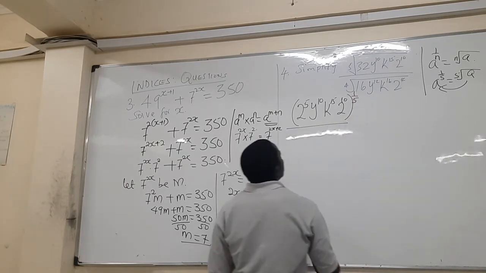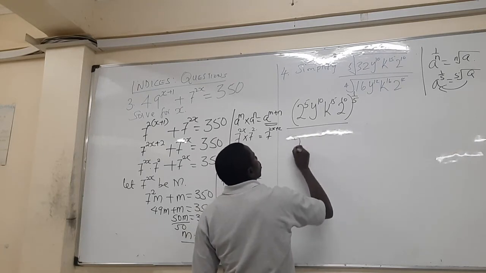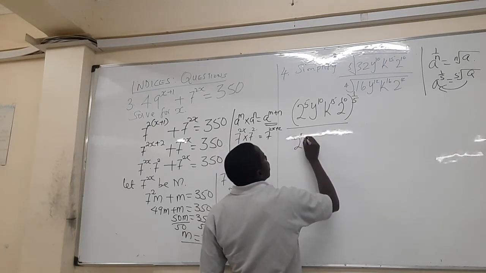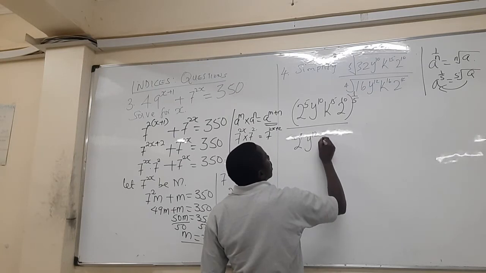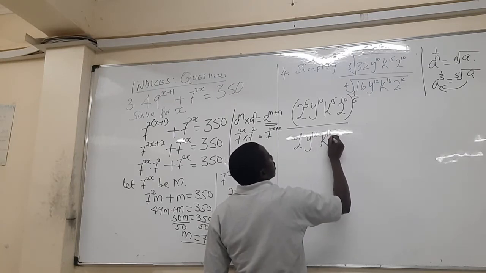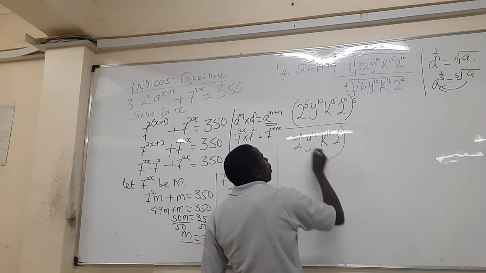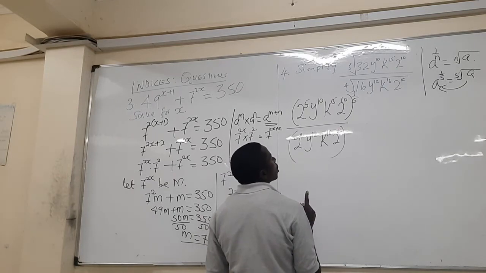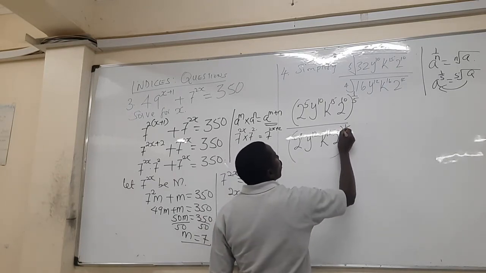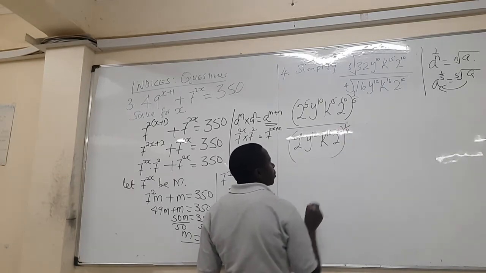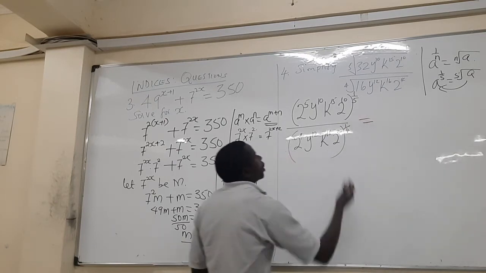All over 16, that is 2 power 4, and then y power 12, and then k power 16, and the 2 power 4, all of them under the fourth root. So the fourth root, I write it as power 1 over 4. And then I can open the bracket.